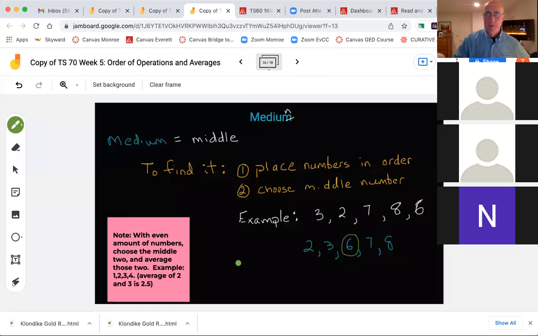If you have an even amount, you've got to pick the 2 numbers. And by the way, you would still do the same steps. Place them all in order from smallest to greatest. Choose the 2 in the middle, add them together and divide by 2, because that's how many you're averaging. And there's your answer. So that is how you find the median.